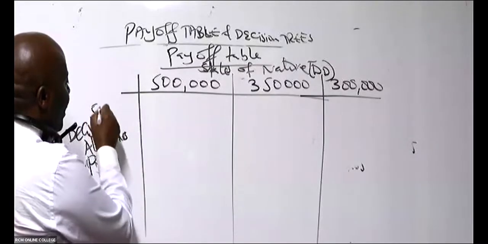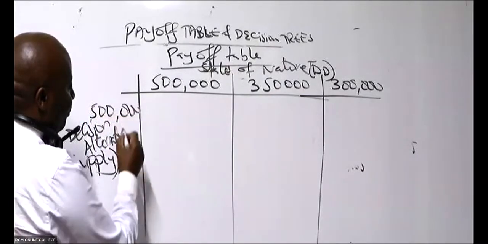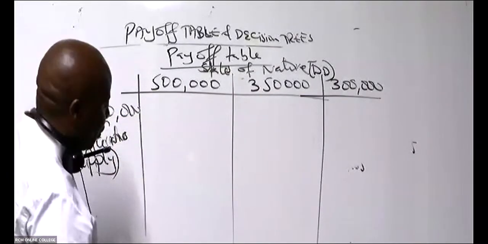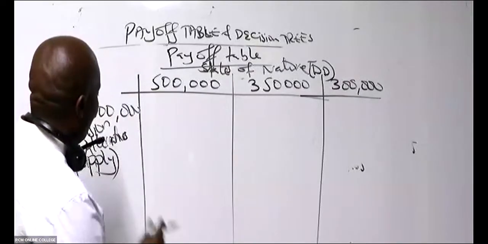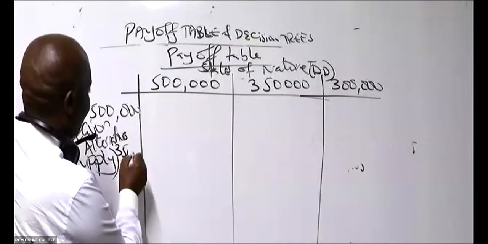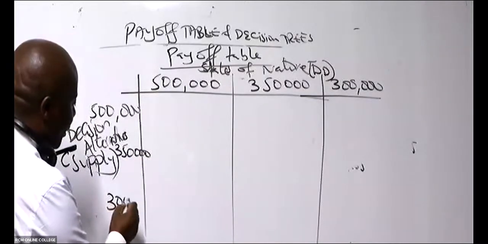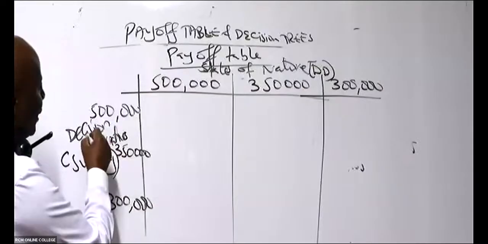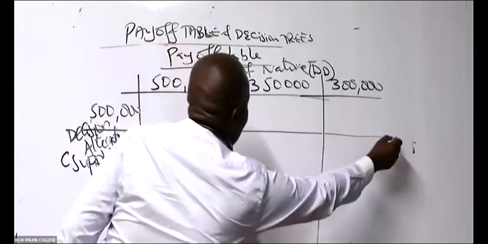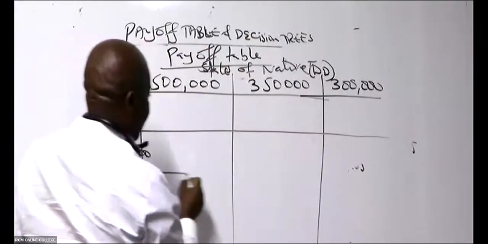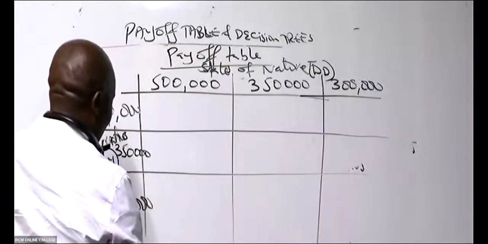So the first supply here should have been 500,000. The second one here, ladies and gentlemen, should have been 350,000. And then lastly, we have 300,000. You must match them like that.